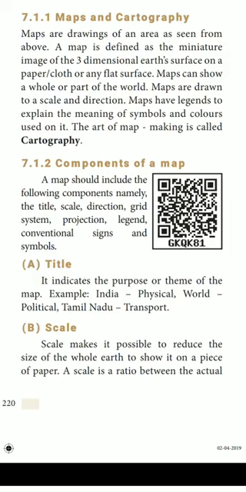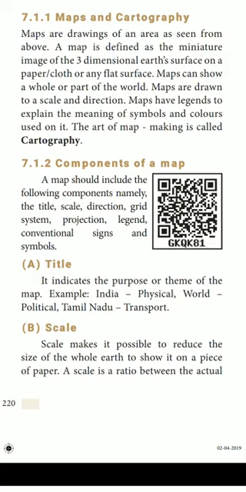Now how many directions are there? 8 directions. Do you know what the 8 directions are? You know only the 4 directions, isn't it? North, south, east, west. But there are 8 directions: north, south, east, west, and also northeast, southeast, southwest, and northwest. Okay students, so there are 8 directions.